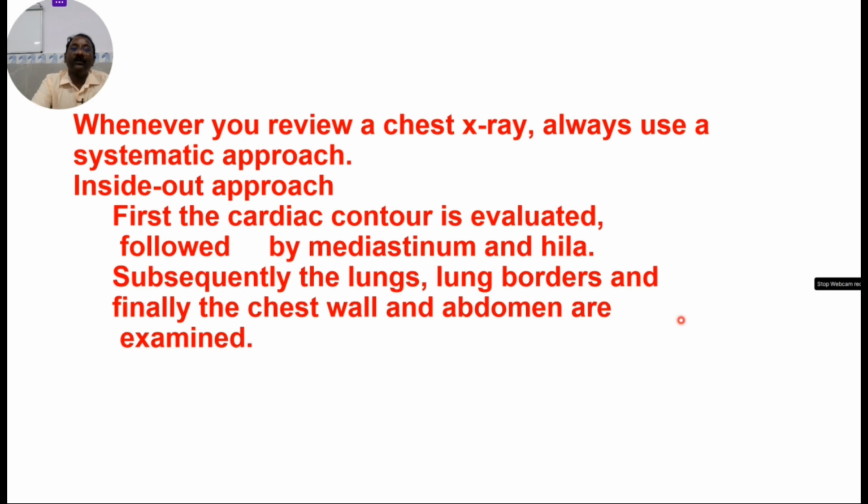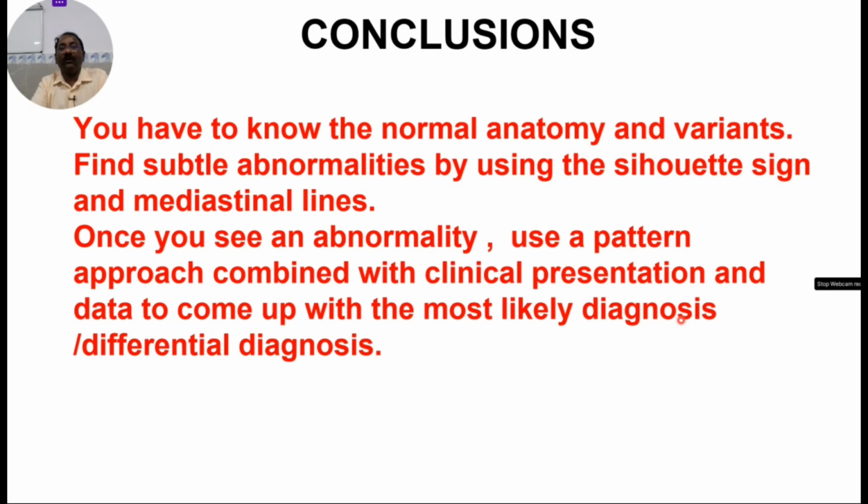So whenever you review a chest X-ray, always use a systematic, inside-out approach. First the cardiac contour is evaluated, followed by the mediastinum and the hilum, subsequently the lungs, lung borders, and finally the chest wall and the abdomen are examined. You have to know the normal anatomy and variants.